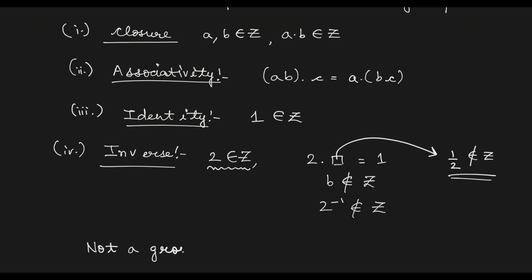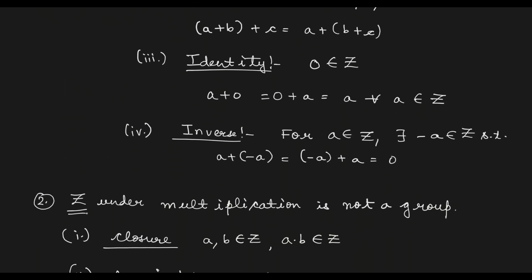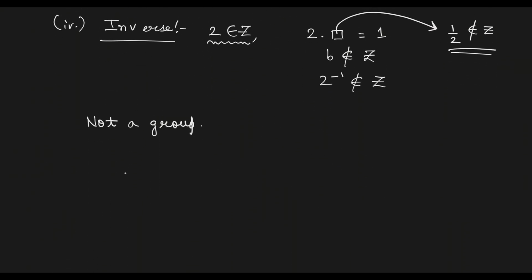Now if I want to make this a group, what I can do, I can remove all those elements which do not have inverse. So I will be left with, if I denote this as z dash, then I will be getting only 1 and minus 1, because in integers only the inverse of these two elements will exist. 1 into some element should give me 1, it will be 1 only.